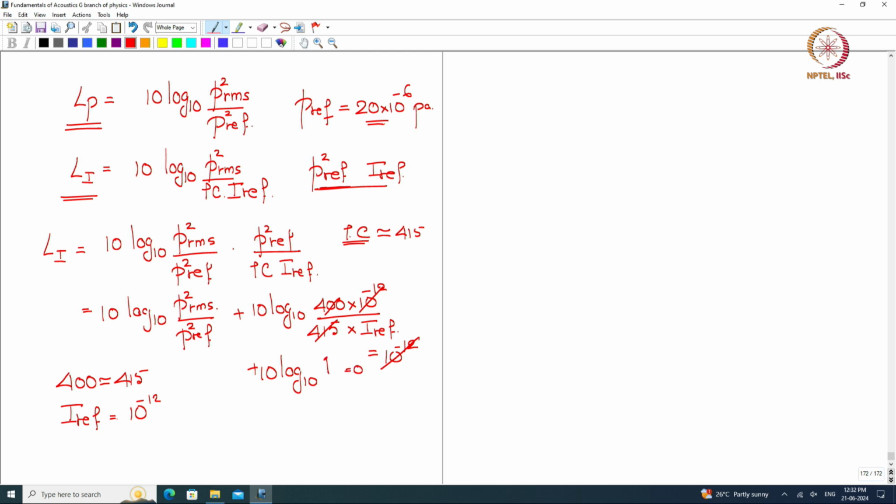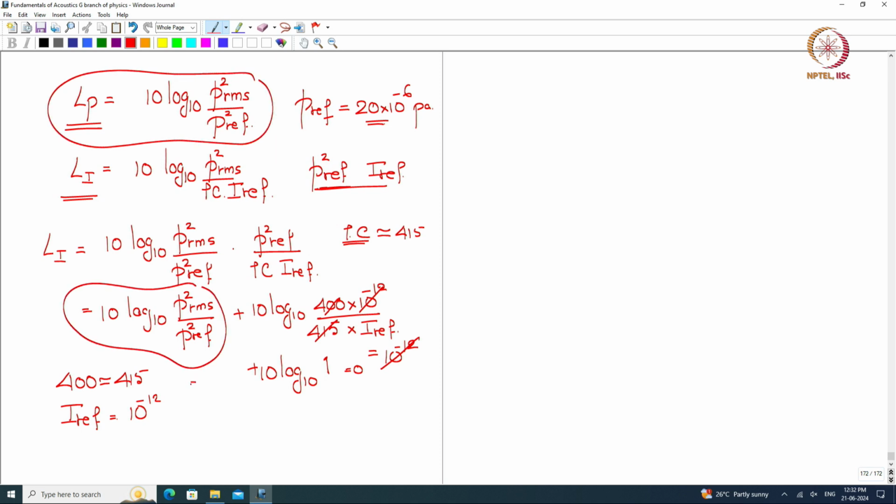And what we have from here is LP. So if we are measuring in the far field, the reference values are taken such that LP is equal to LI.